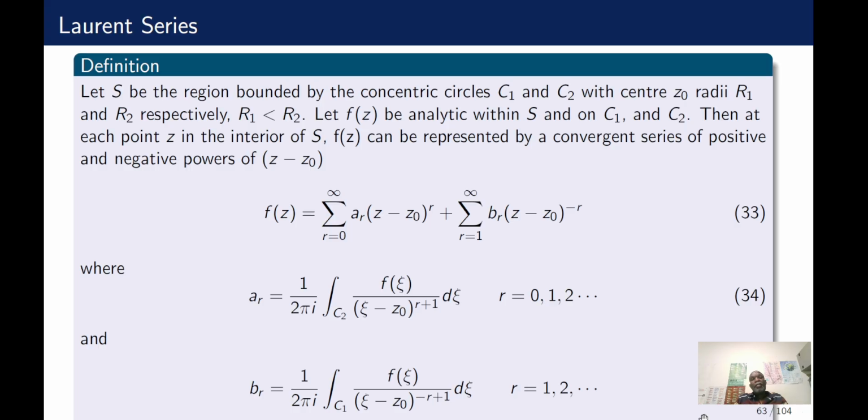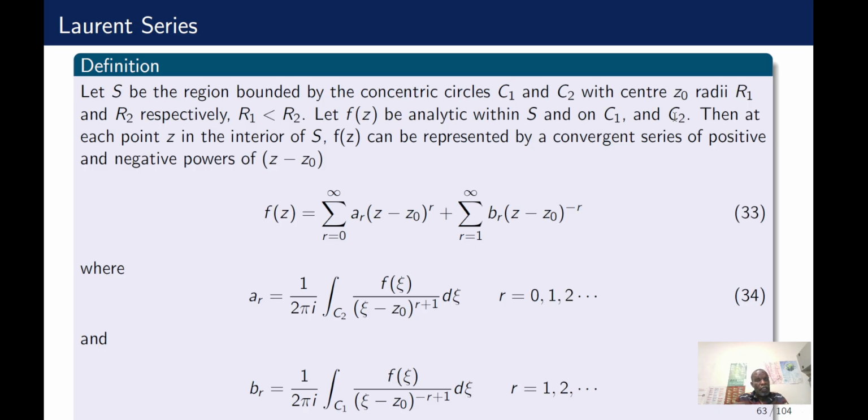You expand it in a washer, or you just consider two concentric circles. So you have two circles, C1 and C2. They have two radii, and they have the same center Z0. But the first one is a smaller radius, and the other one is a larger radius. So you get something which is like a washer.